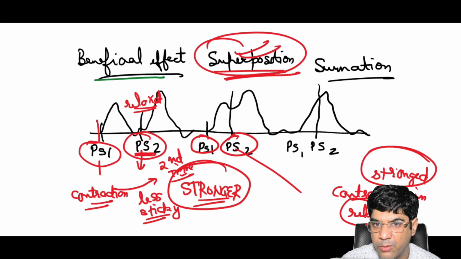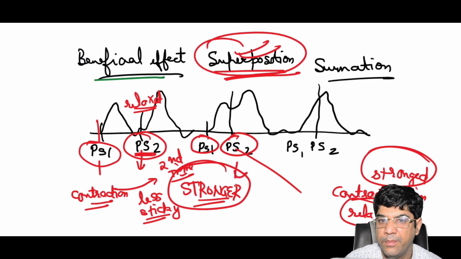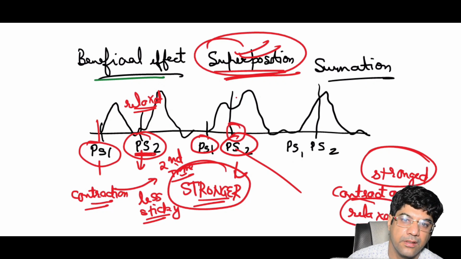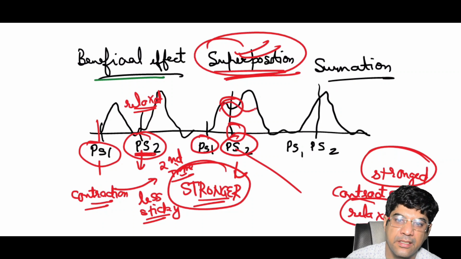With the first stimulus, the muscle contracts and starts to relax, and the second stimulus comes before the muscle has fully relaxed. The result is that the second contraction overlaps with the first one. The second curve is bigger because the muscle is warmed up from the first contraction, making it easier and stronger.